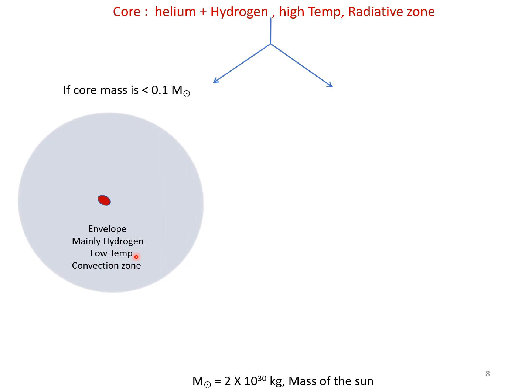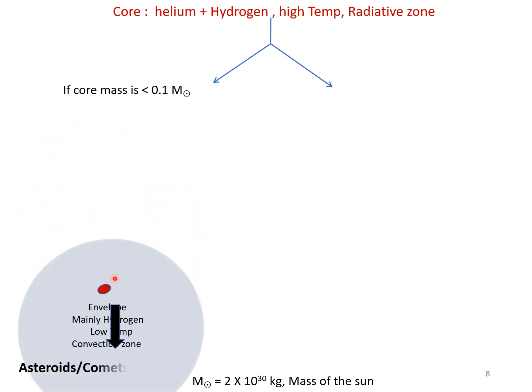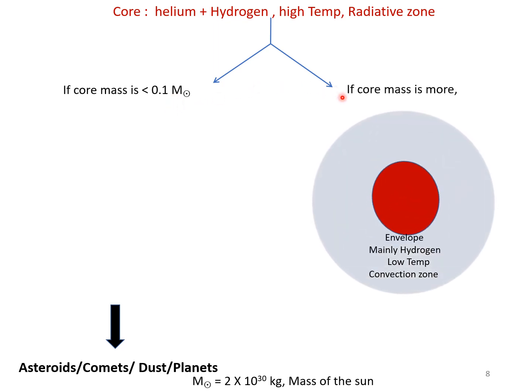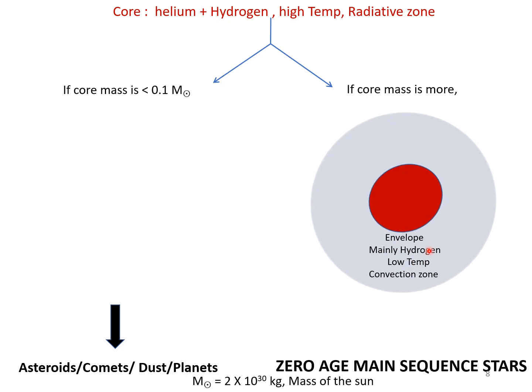The temperature is very low, therefore that may result in only the convection zone, and that may burst itself into the formation of asteroids, comets, dust, or planets. Whereas if the mass is more, then it is possible that we have higher temperature, and because of that, the hydrogen may begin to burn, and we have the convection zone.